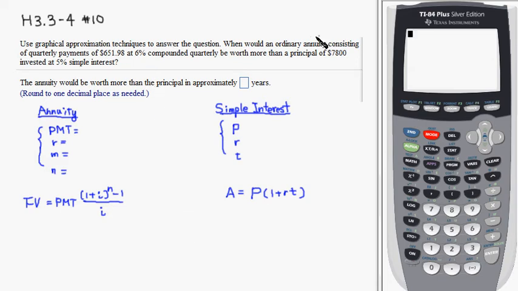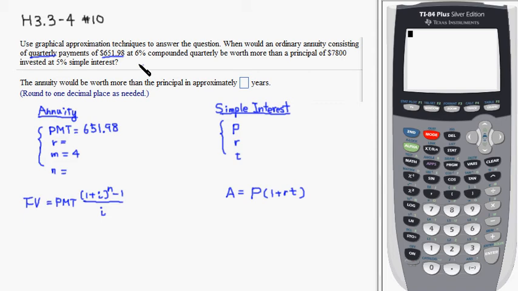So you have an annuity consisting of quarterly payments, which means that M is going to be equal to 4, right? So interest is compounded 4 times a year, and also 4 payments per year. And the payment PMT is going to be $651.98.